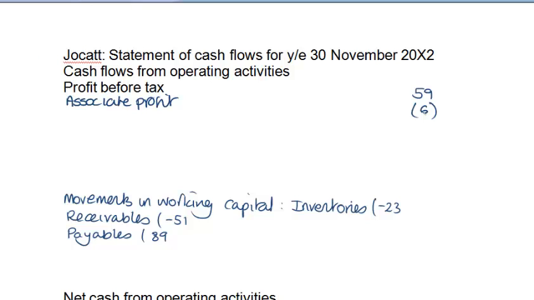So in the income statement, we're adding profit. In our statement of cash flows, we therefore take that away. But I've also got an associate T account. So let's think about what we've done here. We've put the associate's profits into our statement of profit and loss. So that's credit P&L, debit T account.